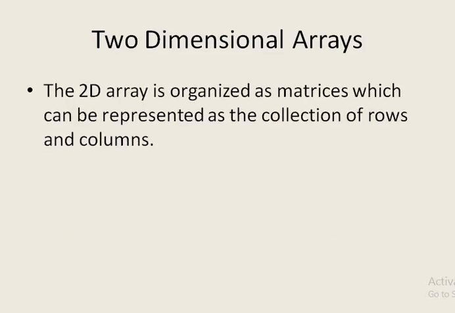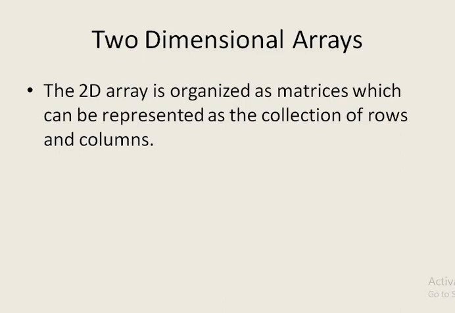Now, in this session, we will discuss in detail only two-dimensional arrays. So what is a two-dimensional array? An array which has two subscripts can be considered a two-dimensional array. It can be organized as a matrix. A matrix has rows and columns, so it can be said to be a collection of rows and columns.